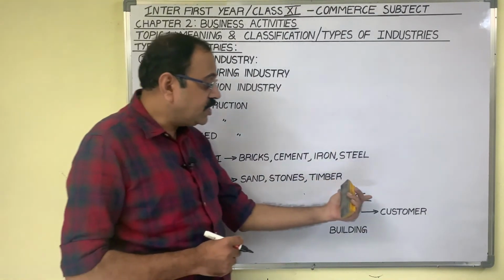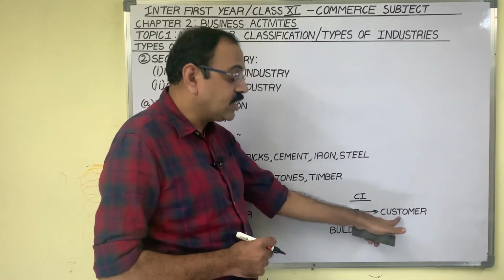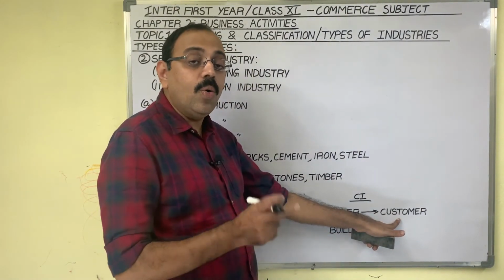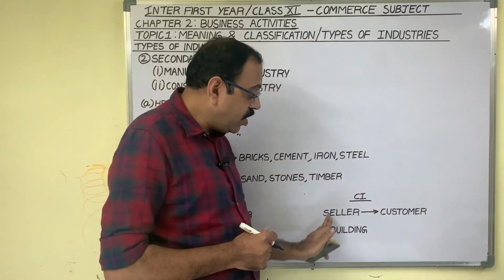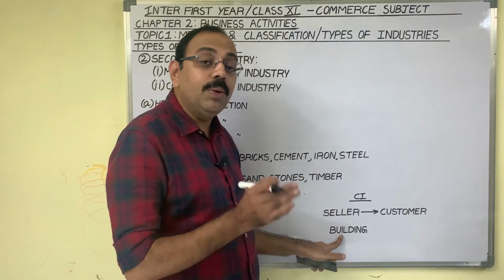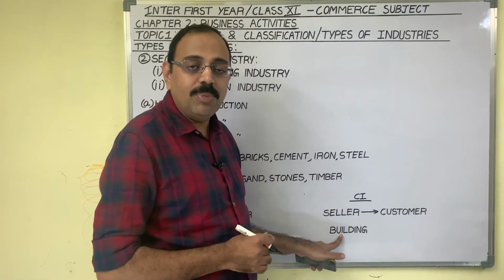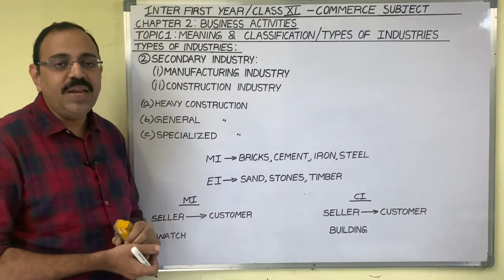But in case of construction industry, when seller sells building to customer, only the ownership on building will get transferred. Building we cannot transfer to customer because building is one immovable property. So remember, construction industry products are immovable in nature.